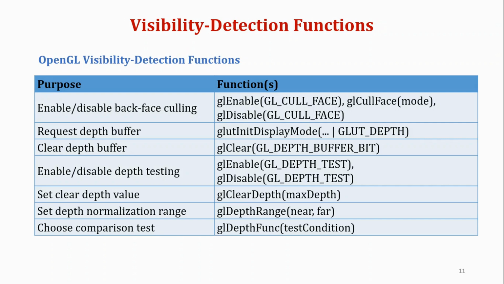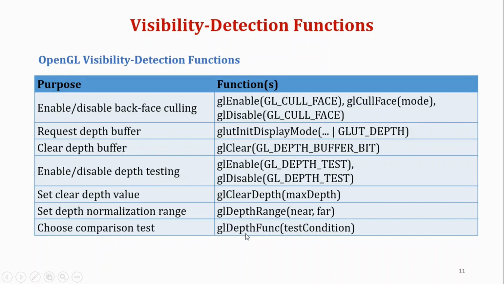We have a list of functions, for example glEnable, which is used with the culling algorithm, and glDisable, glCullFace. These are all used to enable and disable the backface culling method. And check out glClear, which clears the depth buffer, and glEnable and glDisable with the depth test, by which you can perform the depth test.